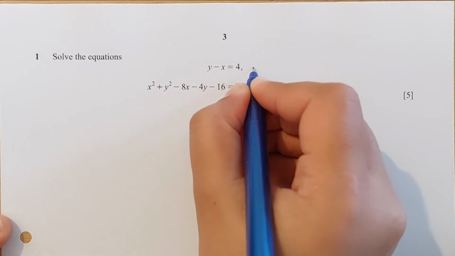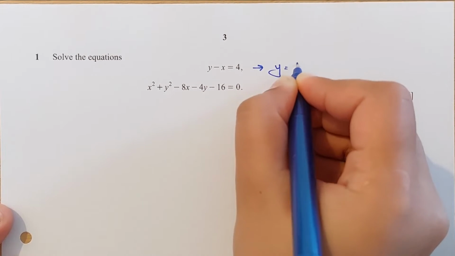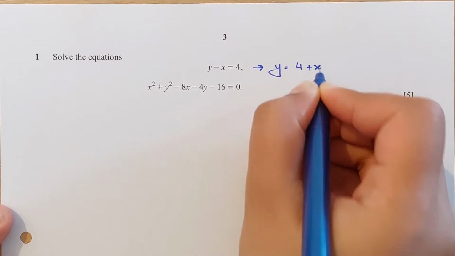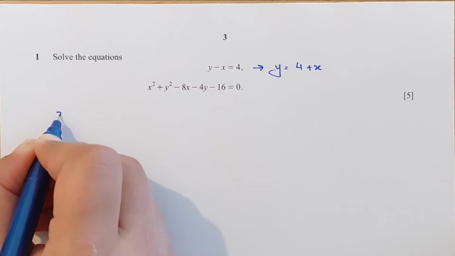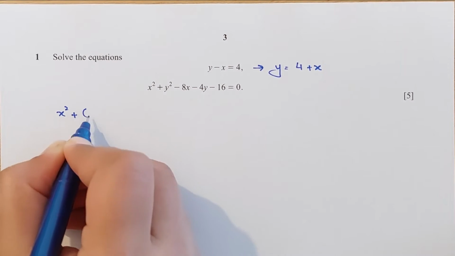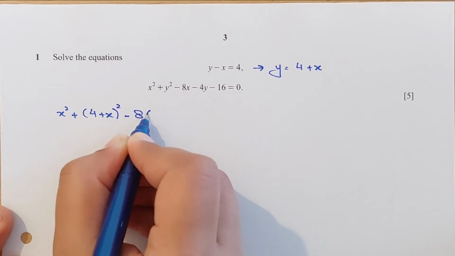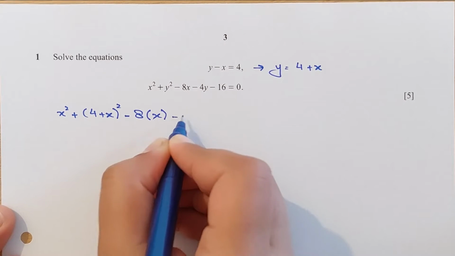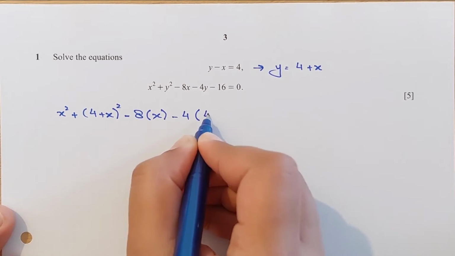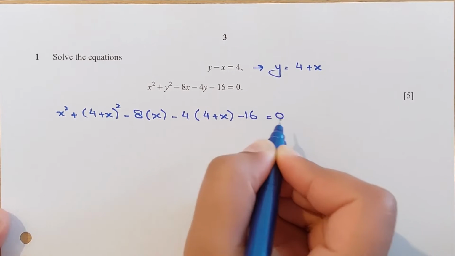Okay, so from the first equation we can say that we have the y value is 4 plus x. Let me substitute that y value into the second equation. So we have x square plus y square, which is (4 plus x) whole square, minus 8 times the x value, x is the same, minus 4 times the y value, which is 4 plus x, minus 16 equals to 0.